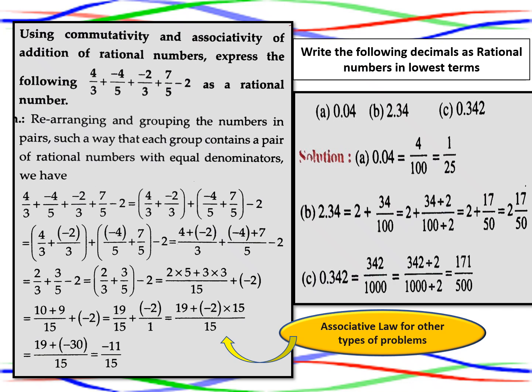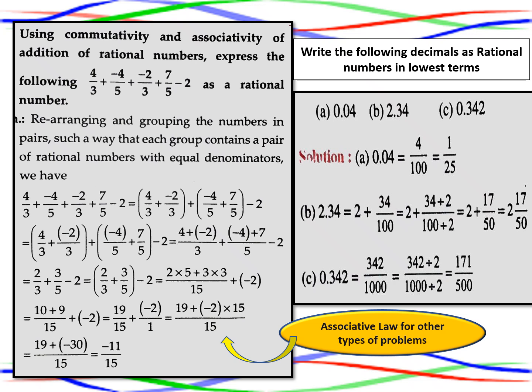The use of commutativity and associativity in a different type of sum. 4 rational numbers, 5 rational numbers are given, with a combination of operations, addition, subtraction. It is rearranged to combine denominators 3 and denominators 5.